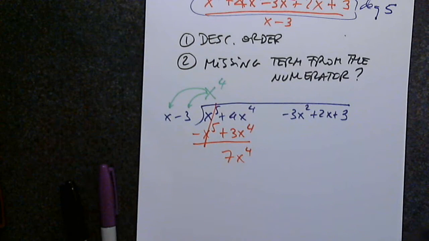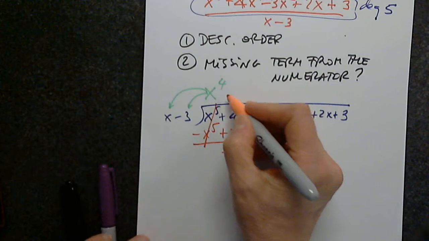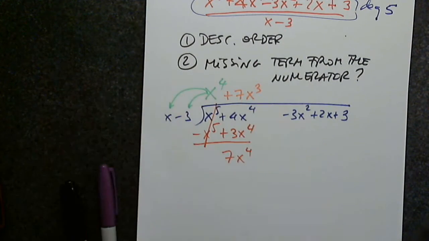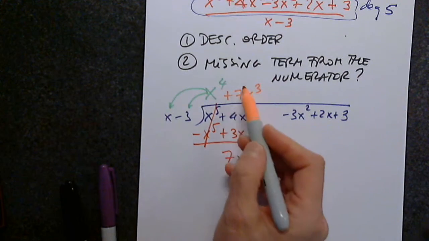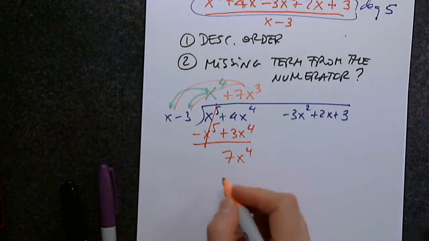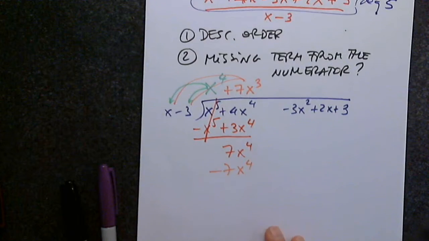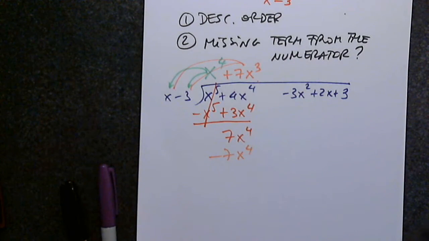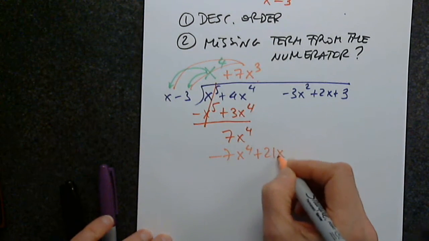What sign? Plus. Yes. Plus what? 7x cubed. If this is x to the fourth, the next one has to be the next in line, most probably. I go now and distribute to these two terms. 7x cubed times x is 7x to the fourth, but I have to subtract. 7x cubed times negative 3 is negative 21x cubed, but I have to subtract.